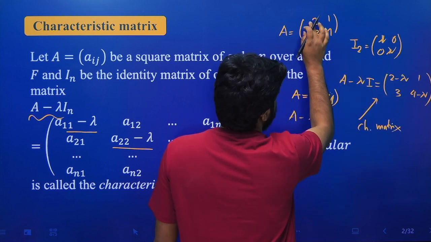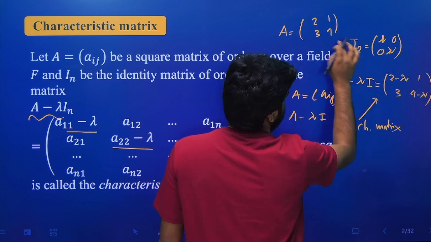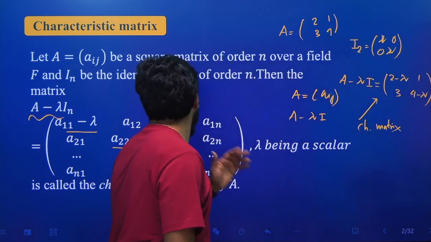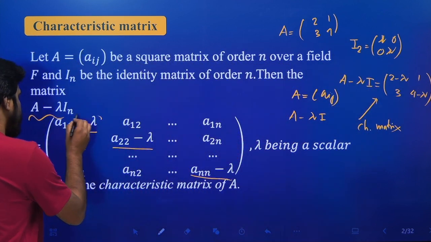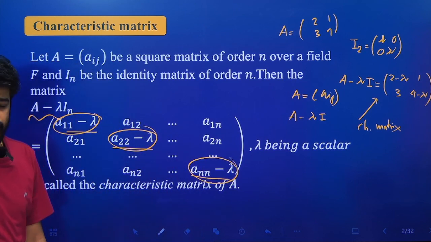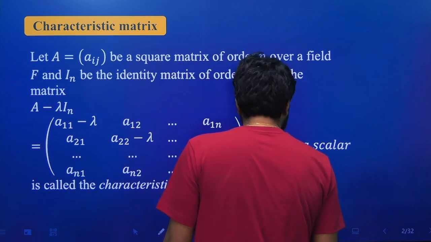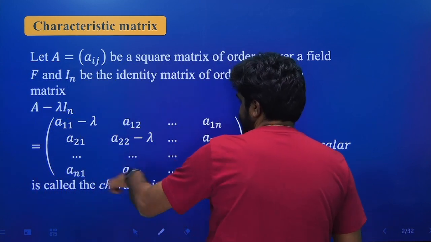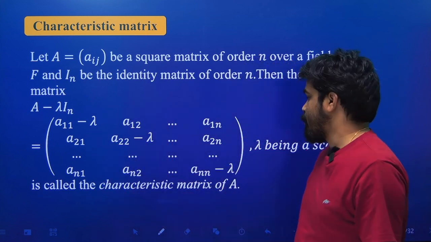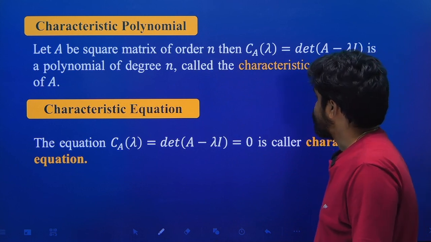So A minus lambda I is 2 minus lambda, 1 minus 0 that is 1, 3 minus 0 that is 3, 4 minus lambda. So basically A minus lambda I means from the diagonal elements we subtract lambda, okay. So this matrix is called a characteristic matrix.